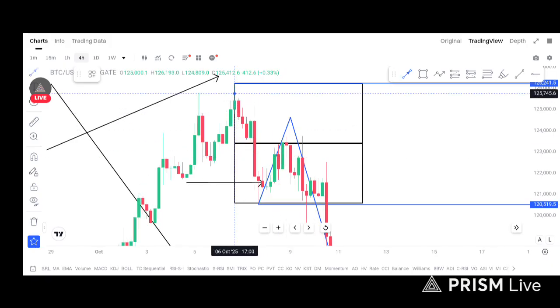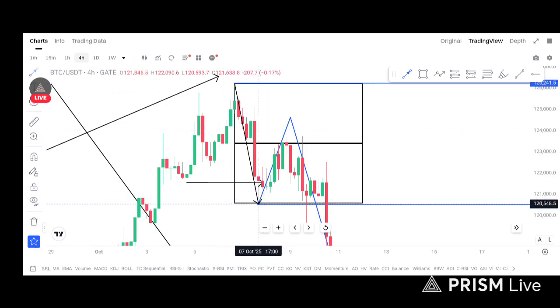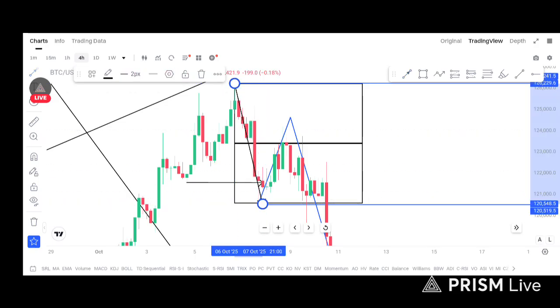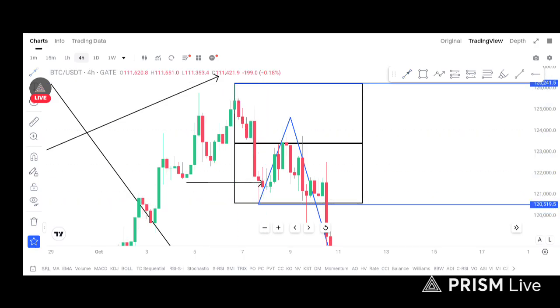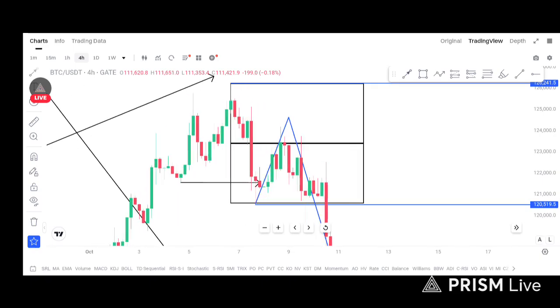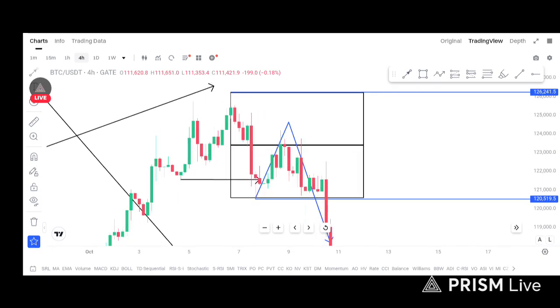For you to understand better, this is the break of structure here. So remember, when we were talking about continuation and pullback phases, we said we only want to focus on continuations. Why? Because it presents higher probability opportunities for us in the market than the pullback phases, right?